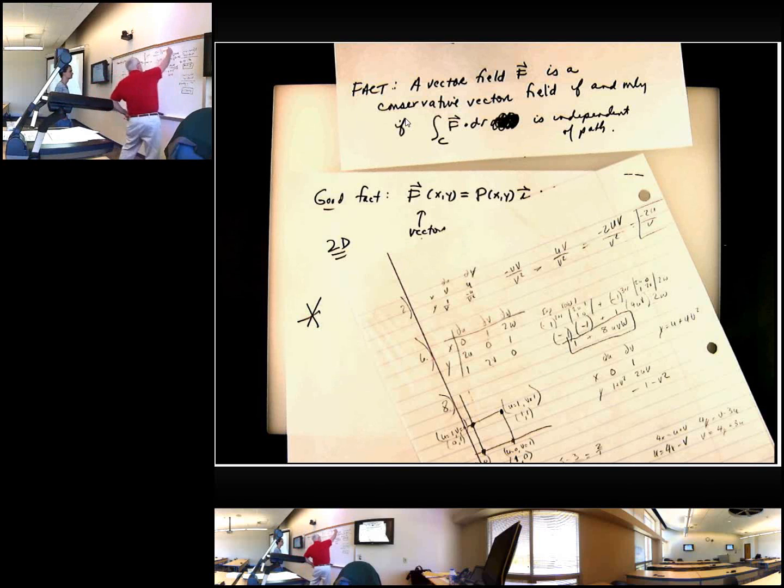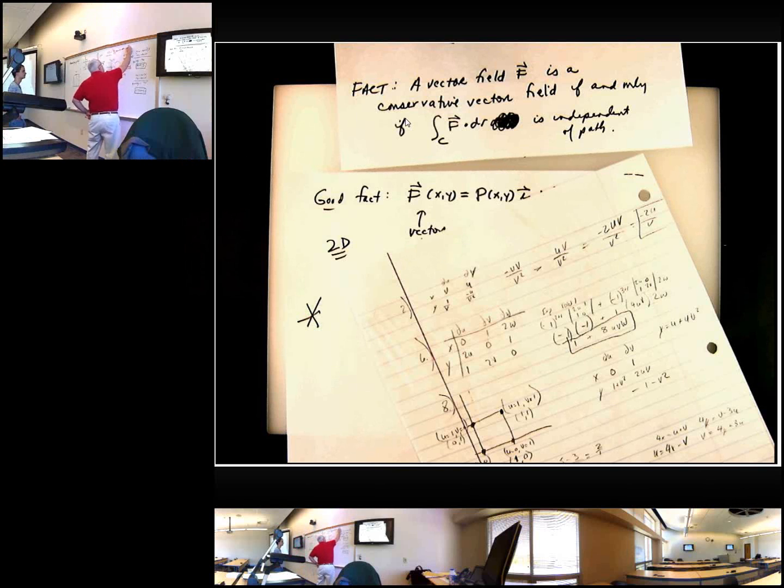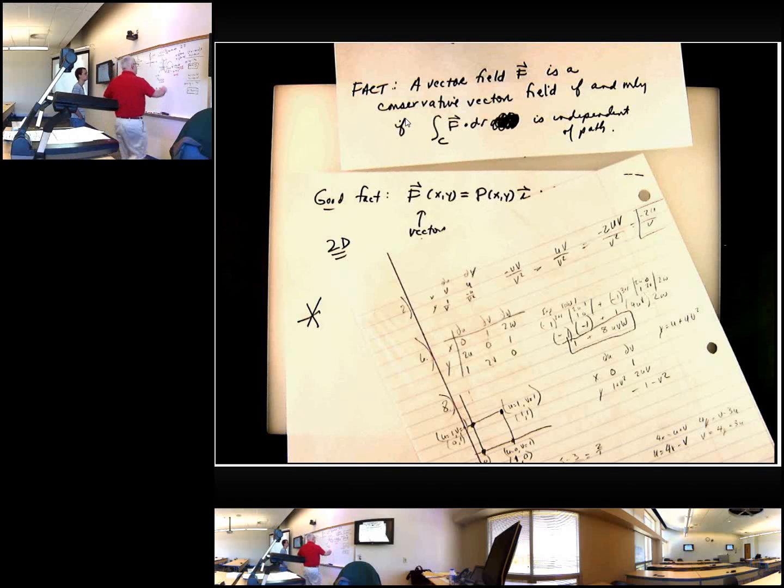Then we use this for our Jacobian, because the Jacobian is going to be dx du, dx dv, all that, okay? So let's figure out the Jacobian.